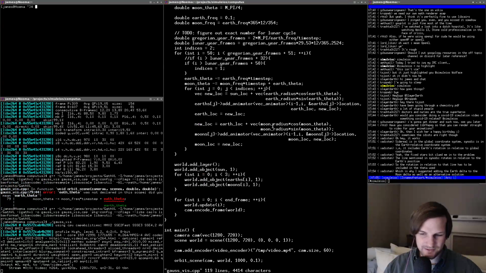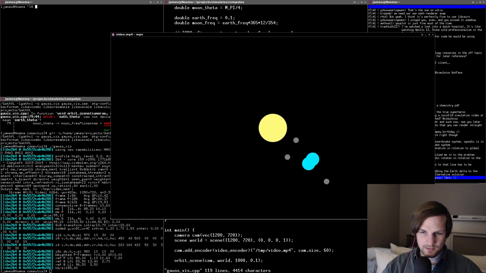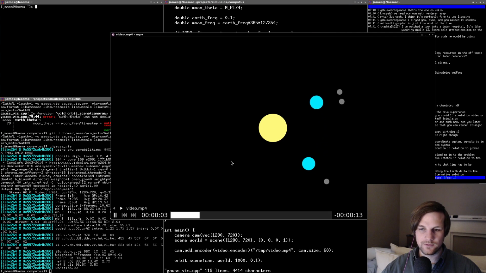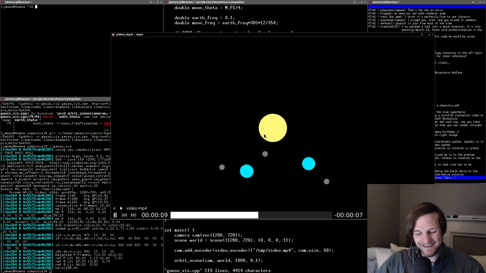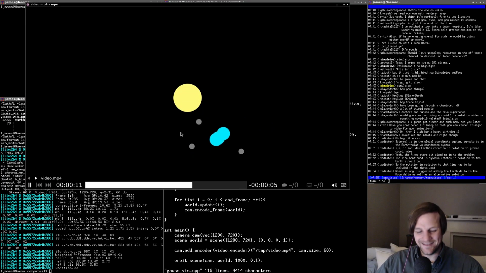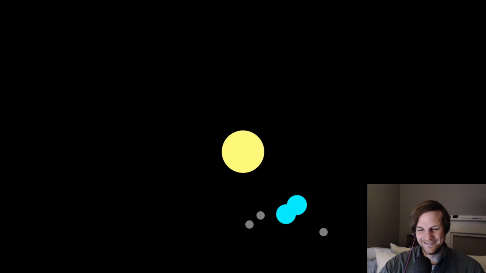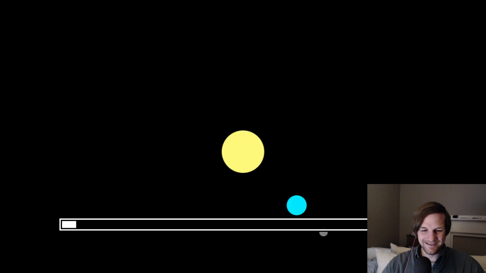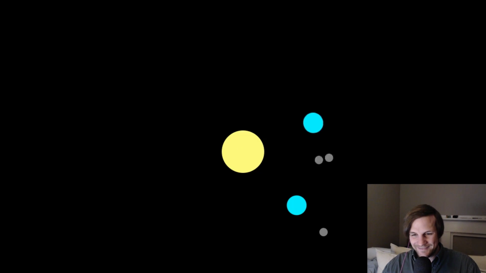Gauss visualization. And let's see what that looks like. Okay. Give it just a second. And then we should have... Oh boy. That's it.